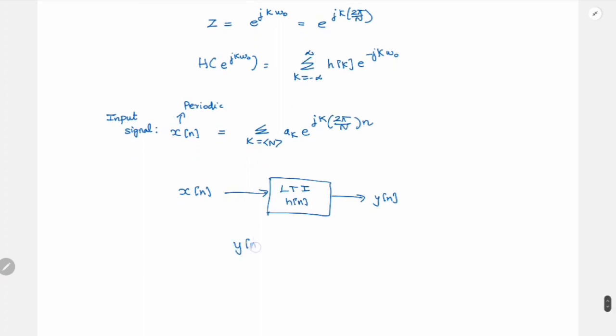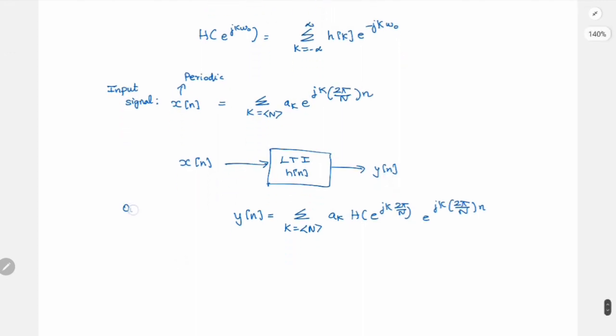And this output should be nothing but, again, only the weights of the coefficients will change. All these exponential terms will appear as they are, because they are nothing but the eigenfunctions of the LTI system. So I'll get summation k over N a_k H of e power j k omega naught e power j k 2 pi over N times n. And omega naught is nothing but 2 pi over N. Okay, so this is the output of your LTI system.